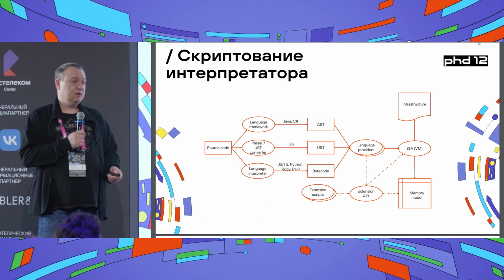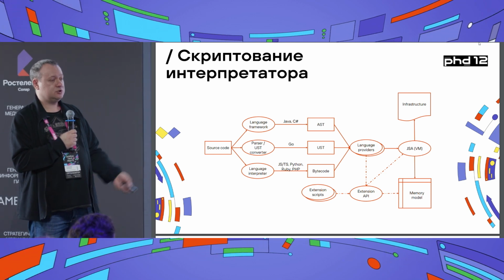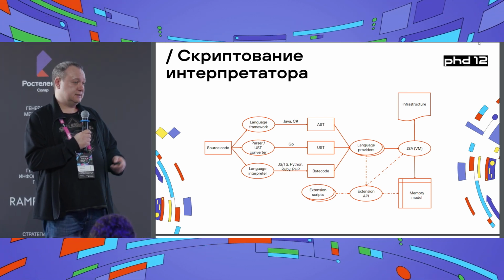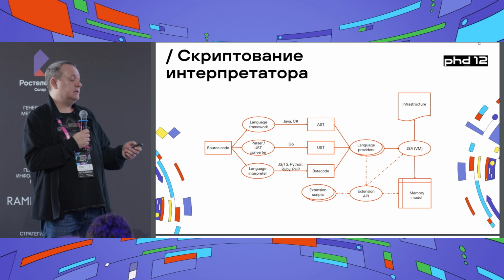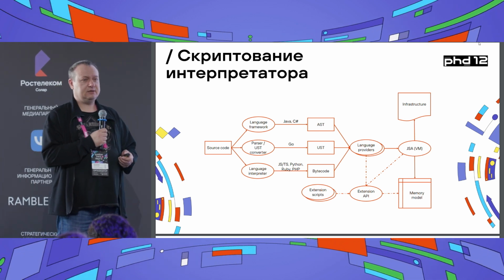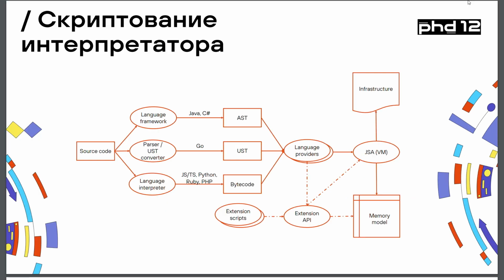And the package processor part started looking like this. We have extension scripts outside of the analyzer that have access to a special extension API. And this extension API helps have almost full control of the analysis. If you want to add support of a new framework, it's very straightforward, and Sergey would give you a case of that.